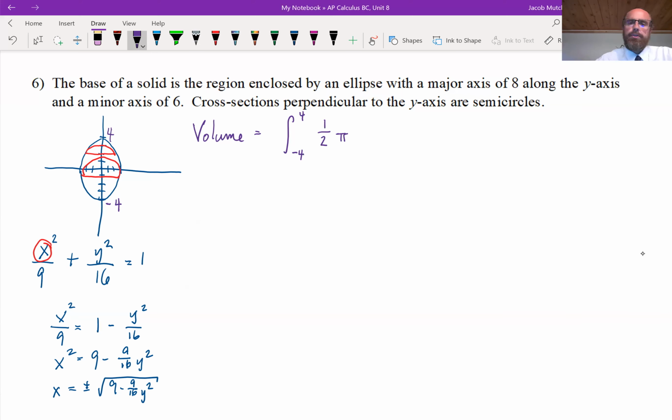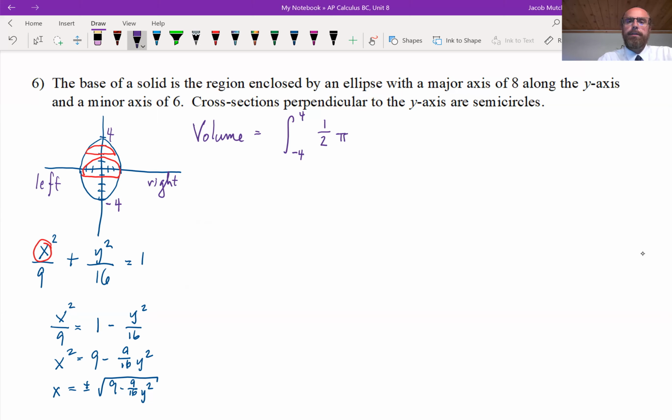R squared is not as immediate. So I've got to think, first of all, that my semicircles are going to be the right side of the ellipse minus the left side of the ellipse. But then I need to divide that by 2 because that's diameter. I need radius.